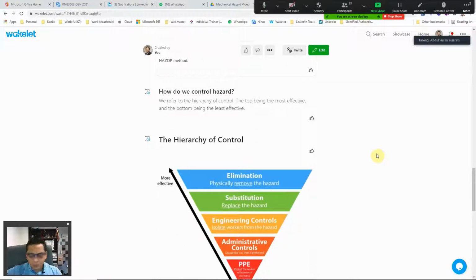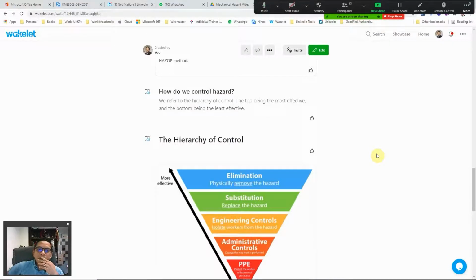So when we have already identified the hazard, the next process would be a risk assessment. That is something that we will learn about later. I have a different Wakelet page for risk assessment, so we will talk about it later.